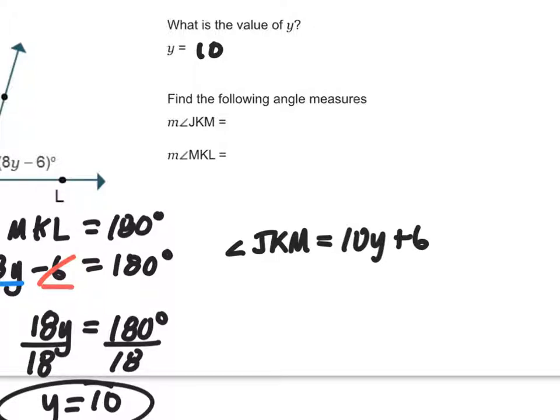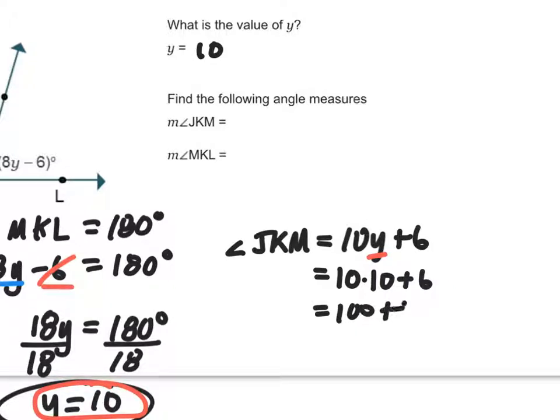Now, y was equal to 10, so I'm going to plug that in for y here. I'm going to get 10 times 10 plus 6. 10 times 10 is 100, plus 6, means that angle JKM has a measure of 106 degrees.